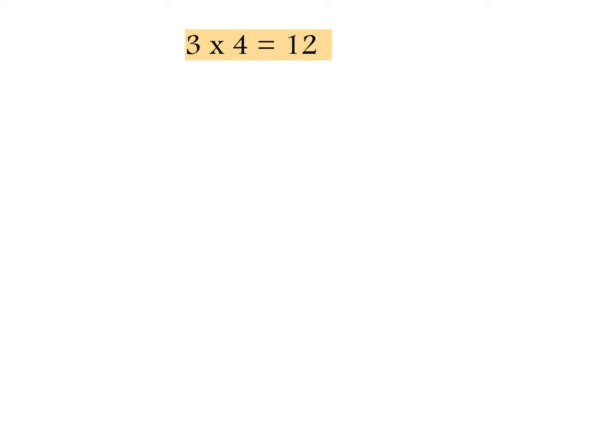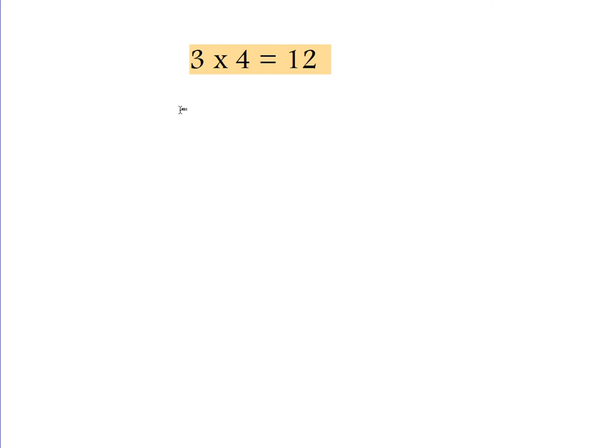Just for practice, let's do one together. First we're going to work with the commutative property. So we've got 3 times 4 equals 12. According to the commutative property, what could I do with these two, not addends, but factors, 3 and 4, to show the commutative property? Go ahead and say it now.